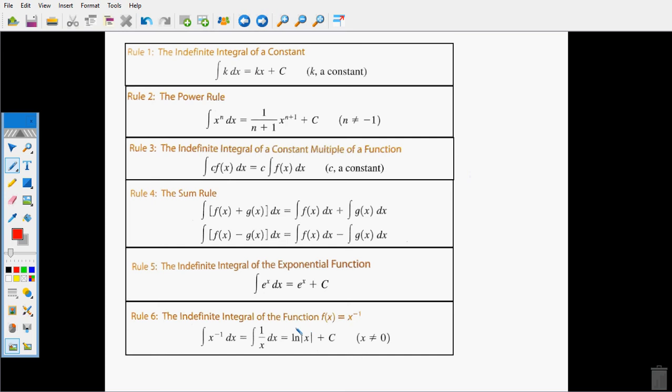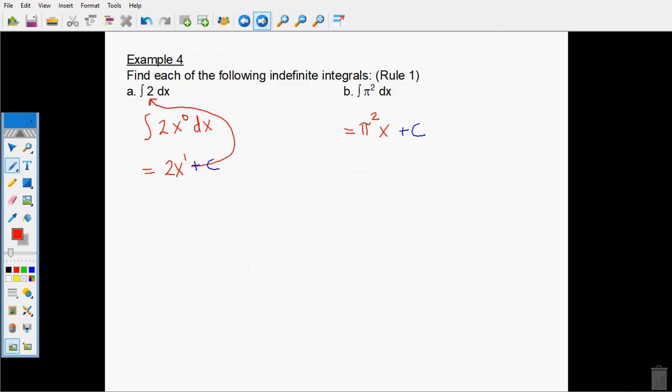Remember that when we did derivatives, the derivative of the natural log of x was 1/x. So that means that if I landed at 1/x, I must have started at the natural log of x.